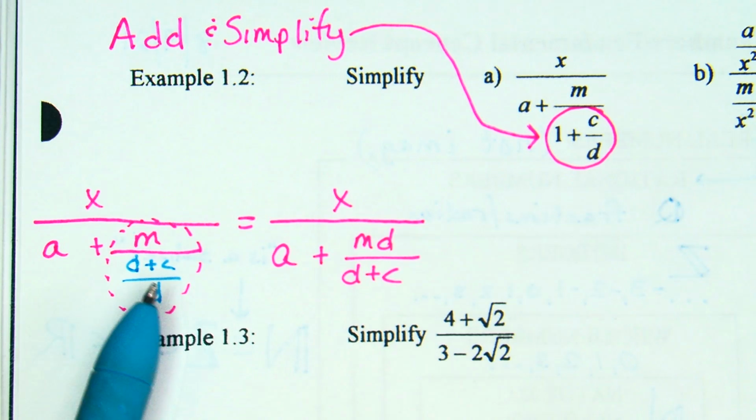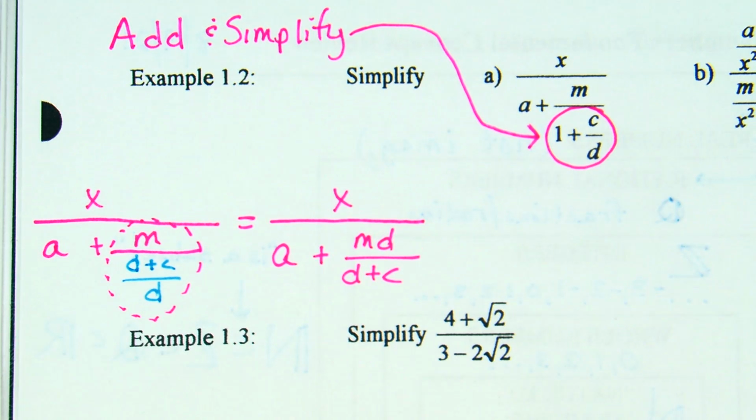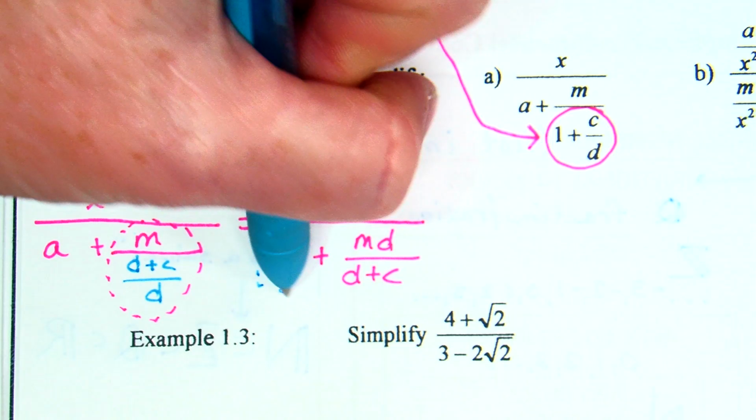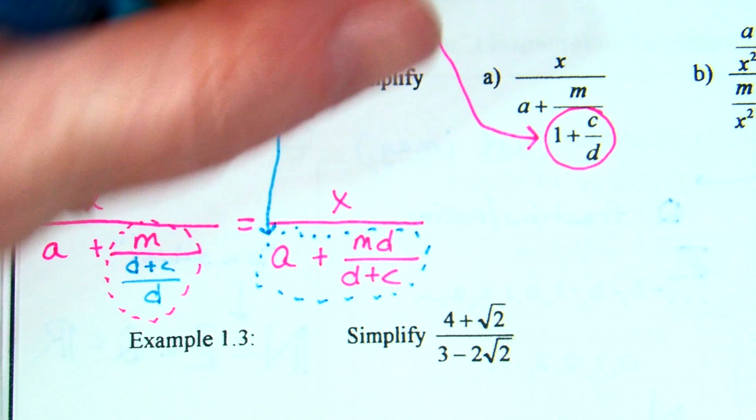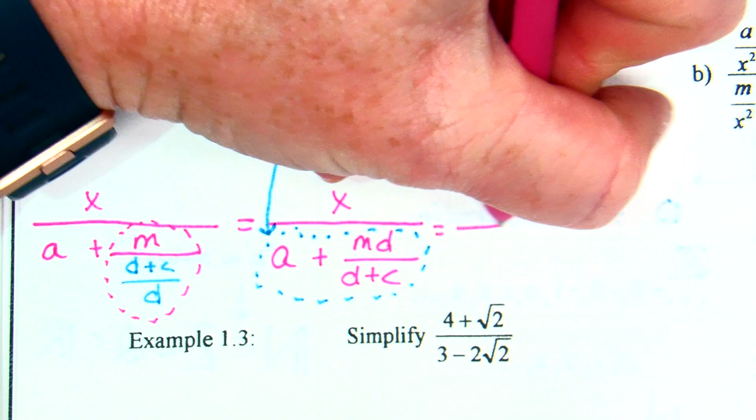Now, repeat the process. Now we've got to do A plus MD over D plus C. So now we're going to add and simplify again. If nothing else, you know that on top is still going to be X.